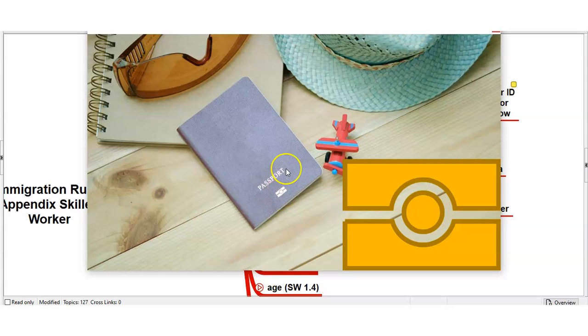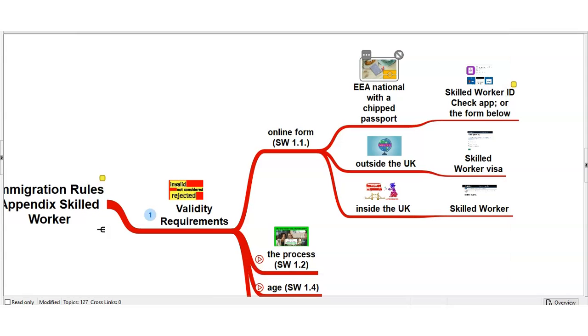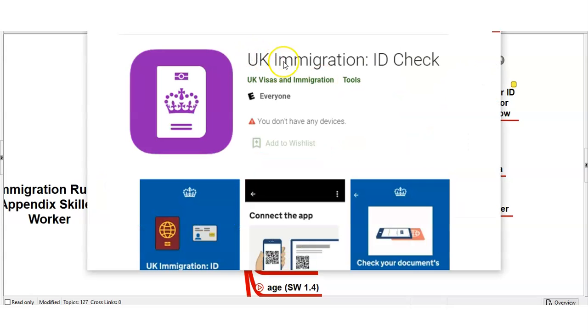If you have a passport which has this sign, this means that you may be eligible, if you're applying from outside, to use this app, which is called the UK Immigration ID Check app. Once downloaded on your smartphone, this app will be able to read your passport.